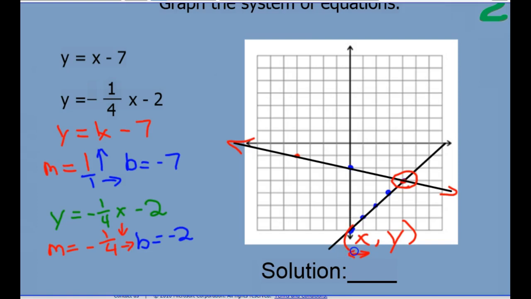We always do x first. So we're going to go from 0, 1, 2, 3, 4. So our x is going to be 4. And y is up and down. So from 4 we go down 1, 2, 3. So that is negative 3. So our solution to this problem is 4, negative 3.